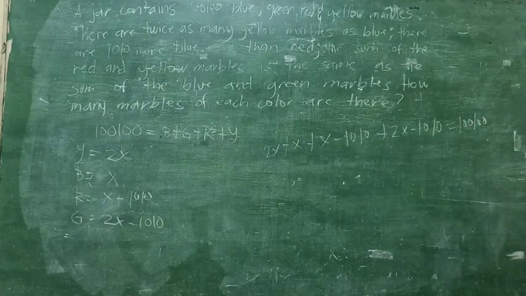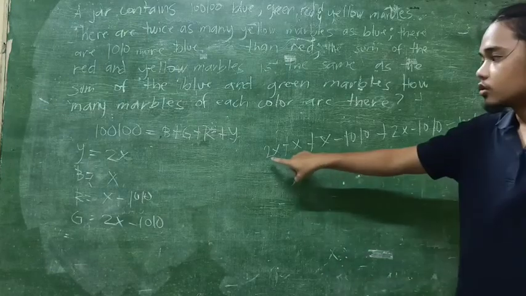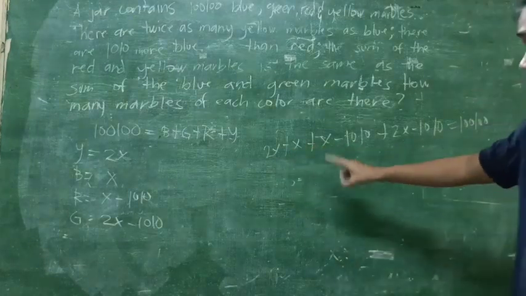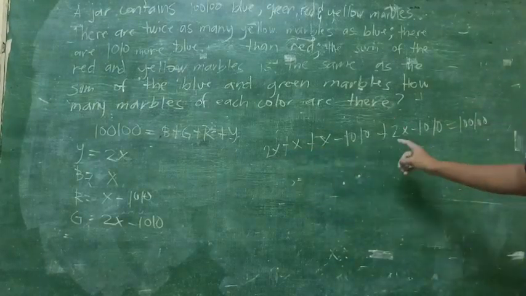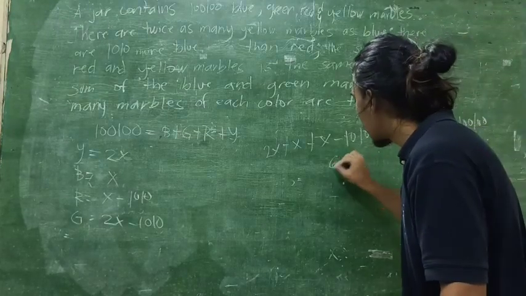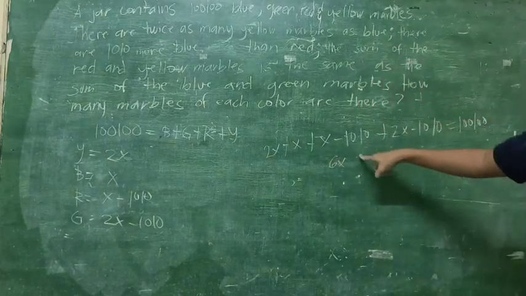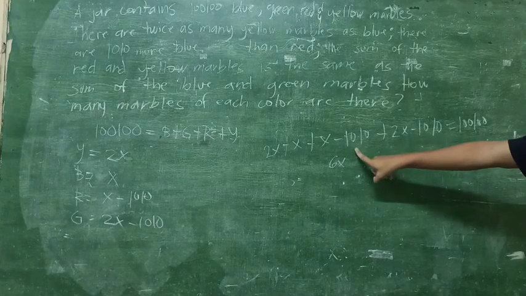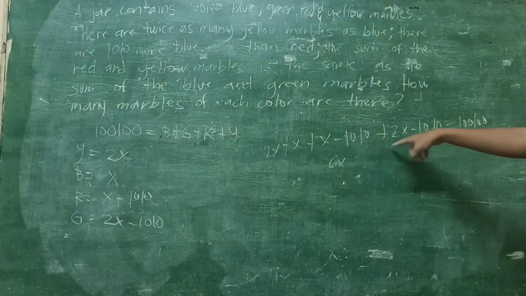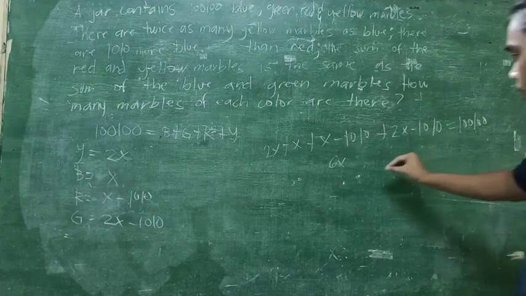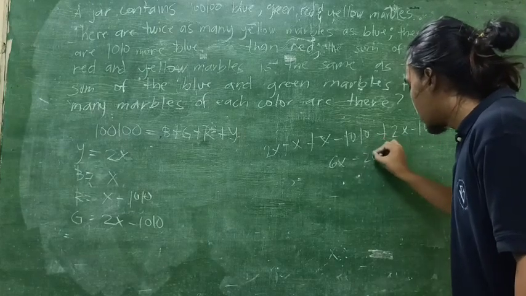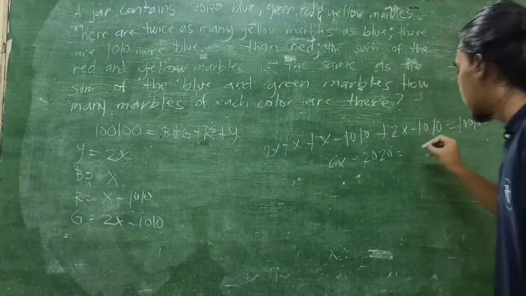Okay. So, combine like terms. 2x plus x is 3x, plus x is 4x, plus 2x is 6x. Then, negative 1,010 plus negative 1,010 is negative 2,020.